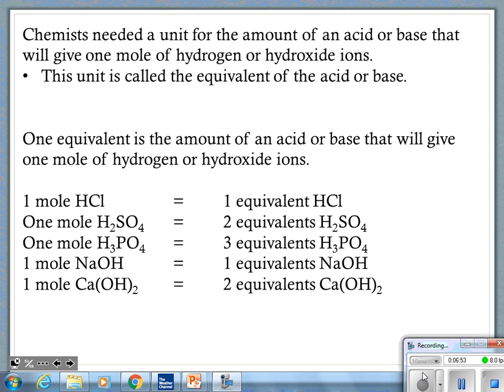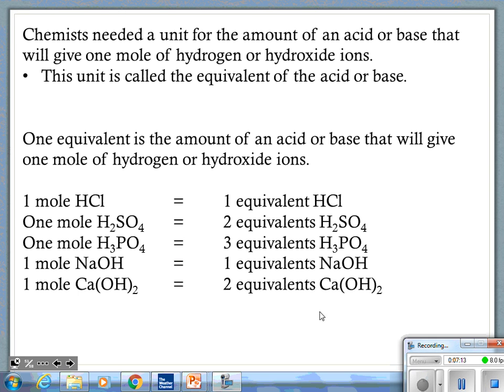So they came up with the unit called the equivalent. 1 equivalent is the amount of an acid or base that will give 1 mole of hydrogen or hydroxide ions.